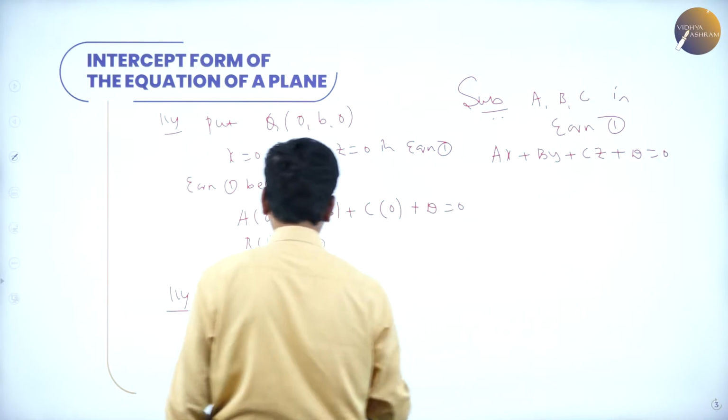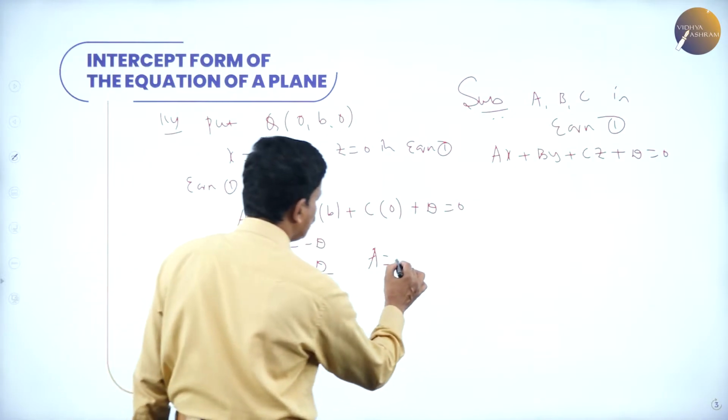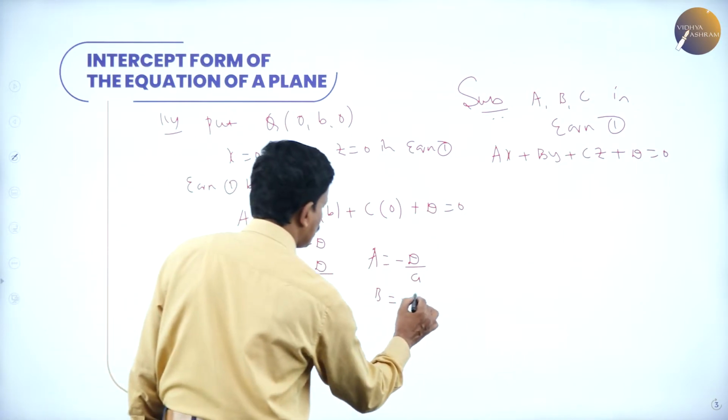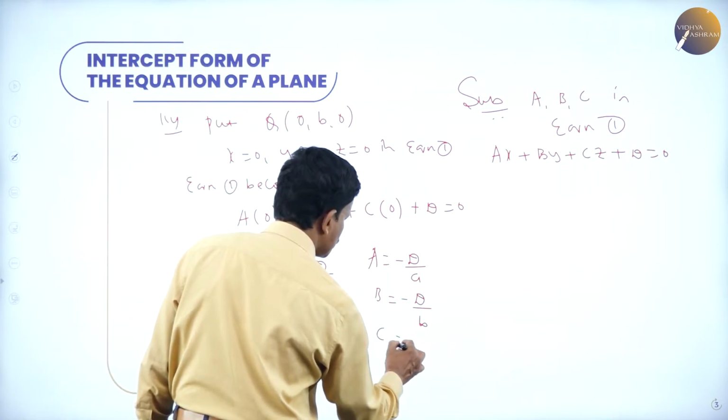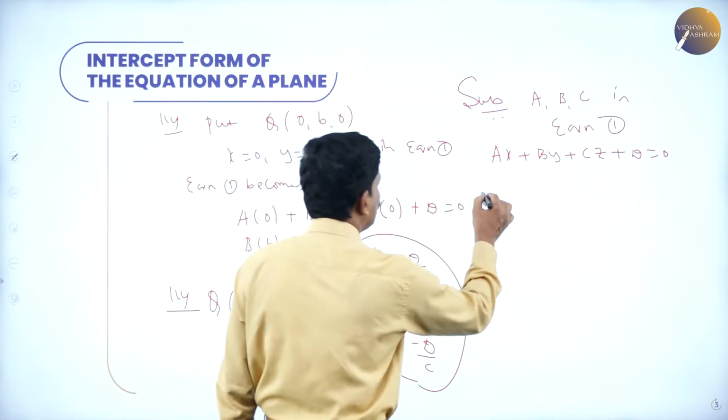Substitute. What is capital A? A is equal to minus d by a, B is equal to minus d by b, and capital C is equal to minus d by c. Substitute these values here. So what you will get?